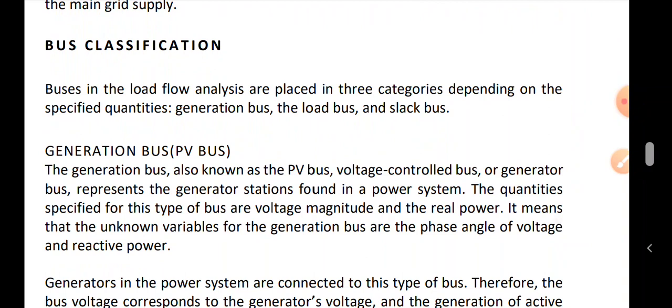One is known as the generator bus, which is also known as the PV bus or voltage control bus, because in this bus P and V, these two quantities, are specified, and the remaining two quantities, reactive power Q and the angle delta, are to be determined, which are the variables.